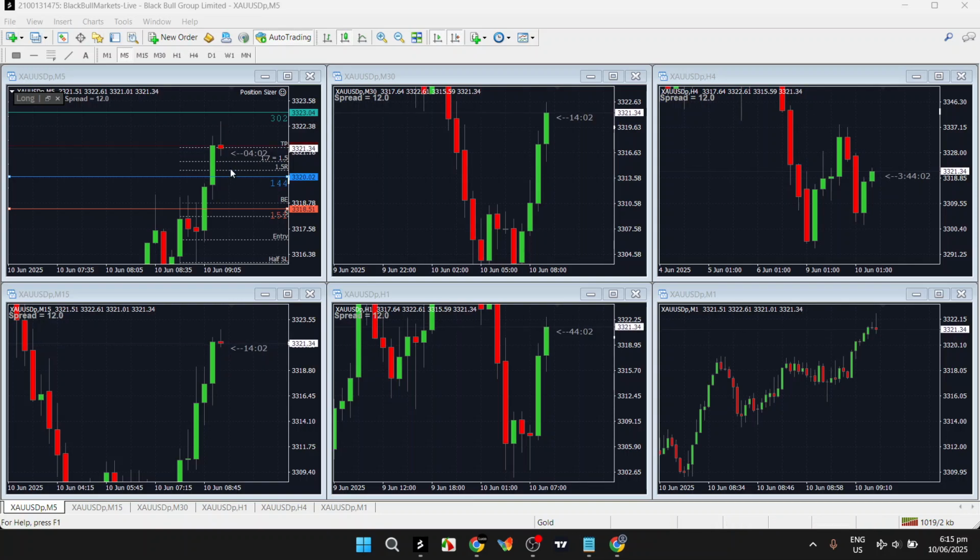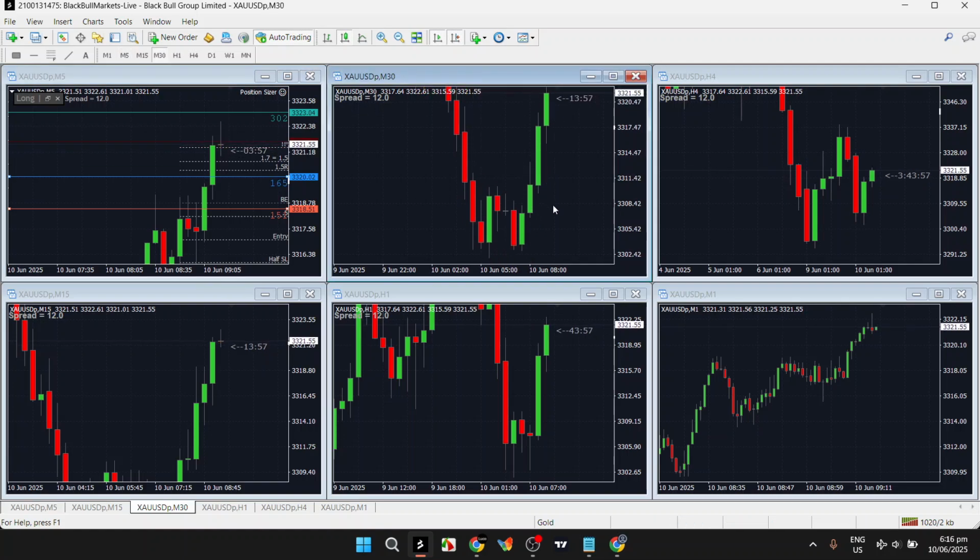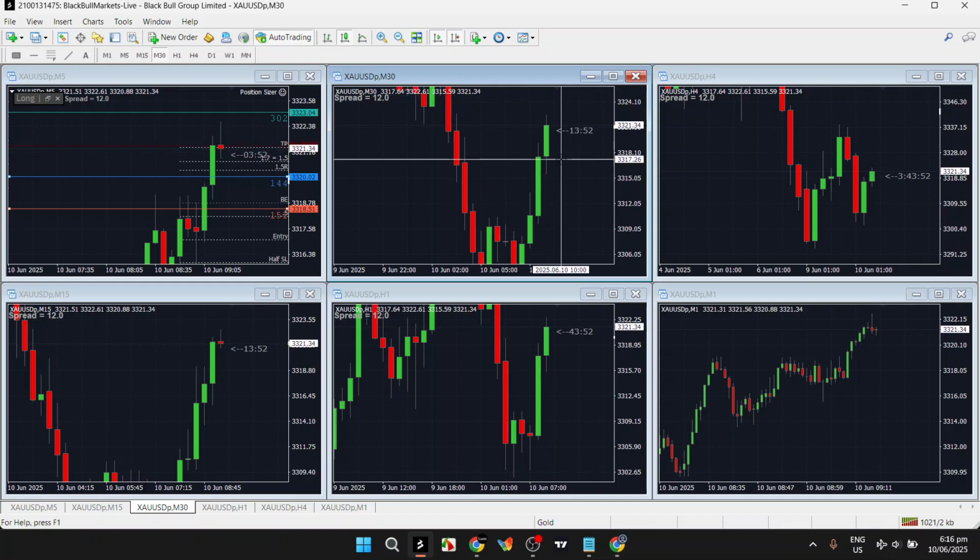If I was in this trade, I would have probably been out with like 1.5R. Maybe next time, right? Like I said, after 30 samples, if the fourth candle of 30 minutes can go this much, I'll just keep that in mind, and then I can take this trade and be out with 1.5R.